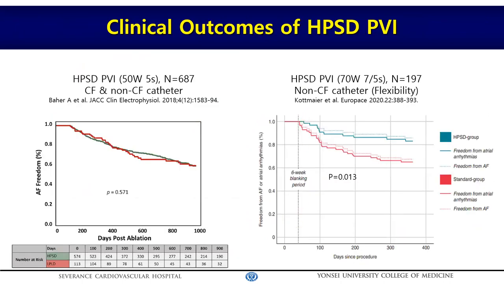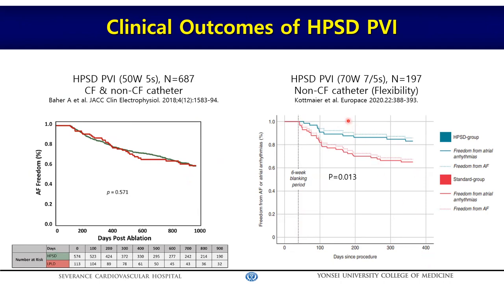Then, what about hyper-short duration PVI outcome? In this study, 50-watt PVI with or without contact force did not differ in rhythm outcome. And in this RCT, 70-watt hyper-short duration ablation resulted in significantly better rhythm outcome than the conventional standard ablation group.